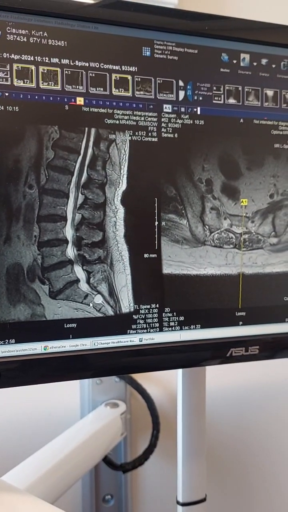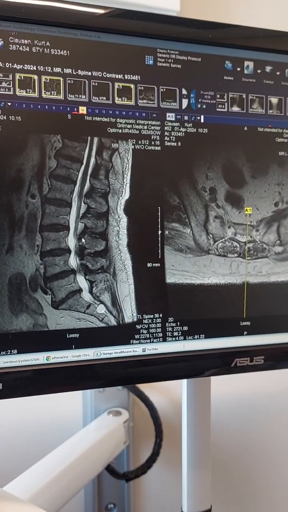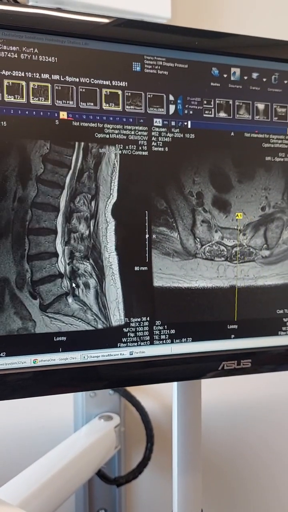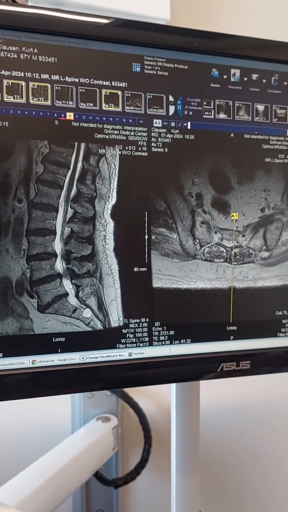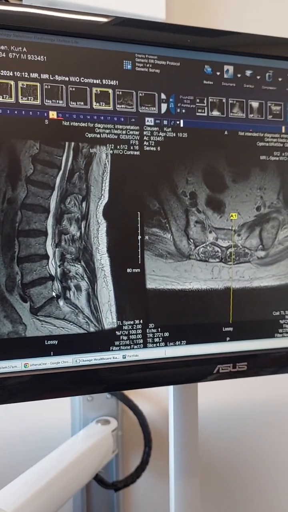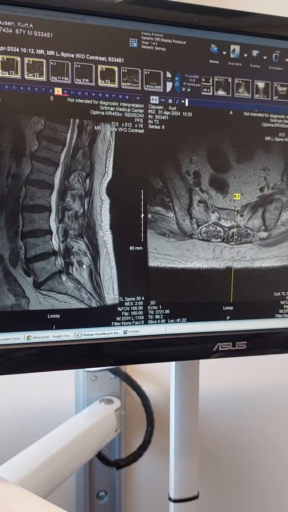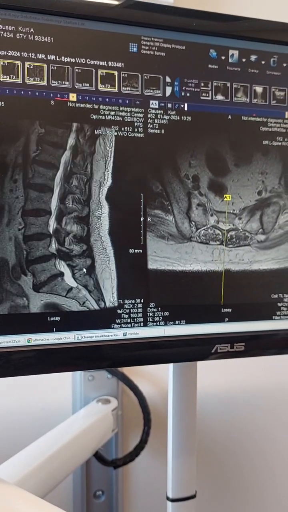And then the alternative to that is getting a surgical consultation with a neurosurgeon to have them look at your back. Not necessarily that we're sending you to surgery, but have them say, well, here's what's going on. This is what could be done. Is it in your best interest or not?